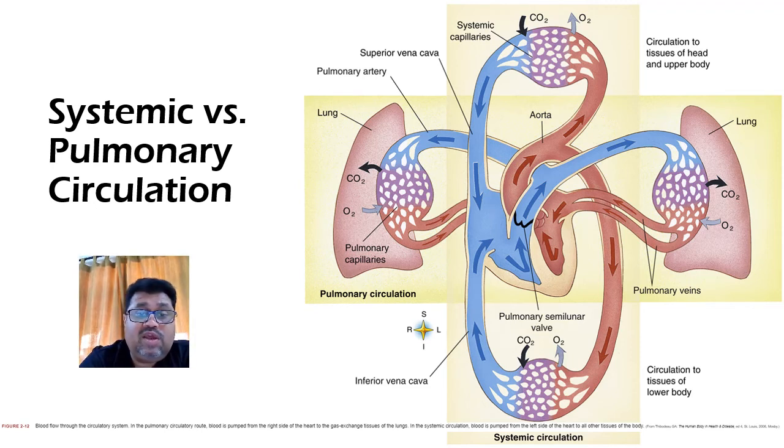Similarly, the middle layer is tunica media, and the outermost layer is the tunica adventitia. The different characteristics of the blood vessel in different parts of the body are based on the number of contractile or non-contractile muscle cells or the presence of elastic fibers in these layers of the blood vessel.